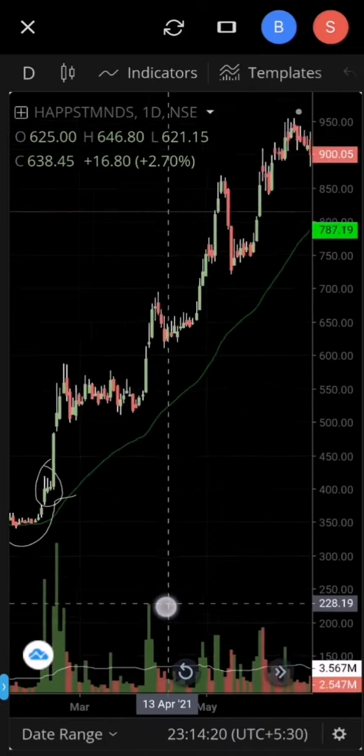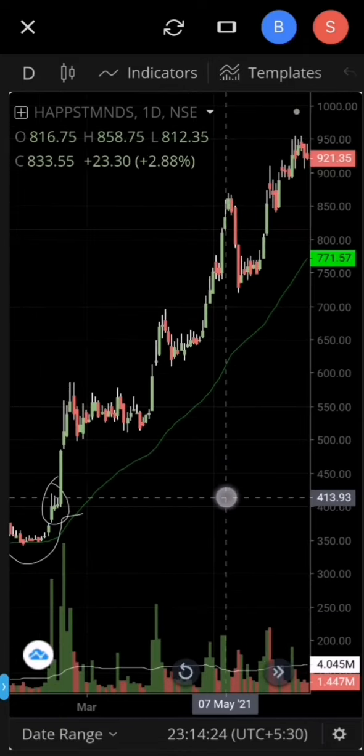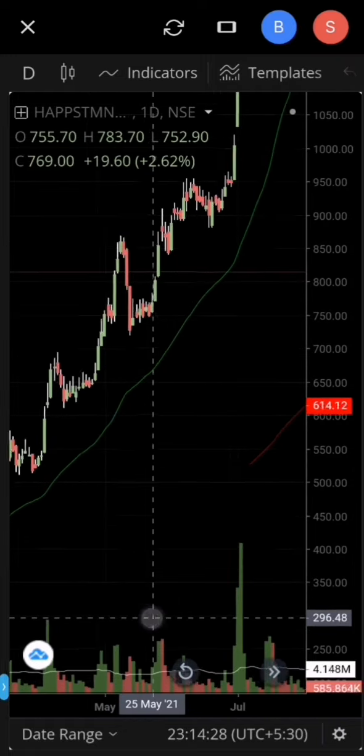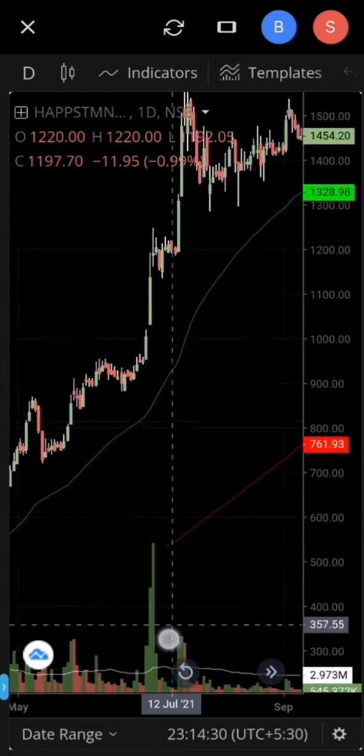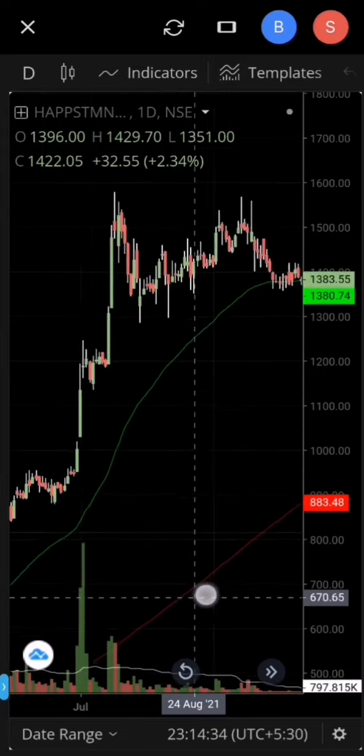See how gigantic this move was, and it happened at around 419, but see how this was a giant move in the making.